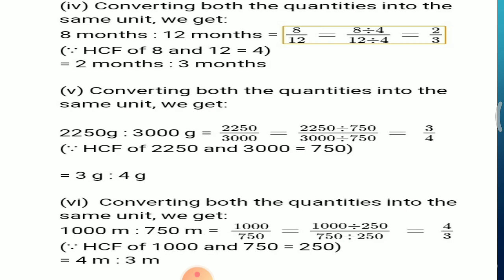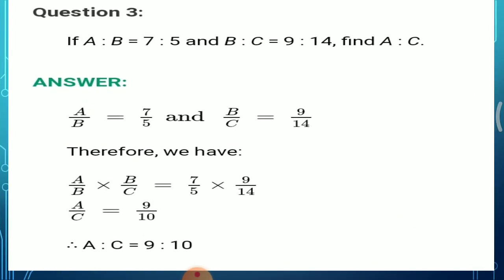Now question number third is that if A ratio B is equal to 7 ratio 5 and B ratio C is equal to 9 ratio 14, find A ratio C. At first you write A by B is equal to 7 by 5 and B by C is equal to 9 by 14. After that you multiply it.